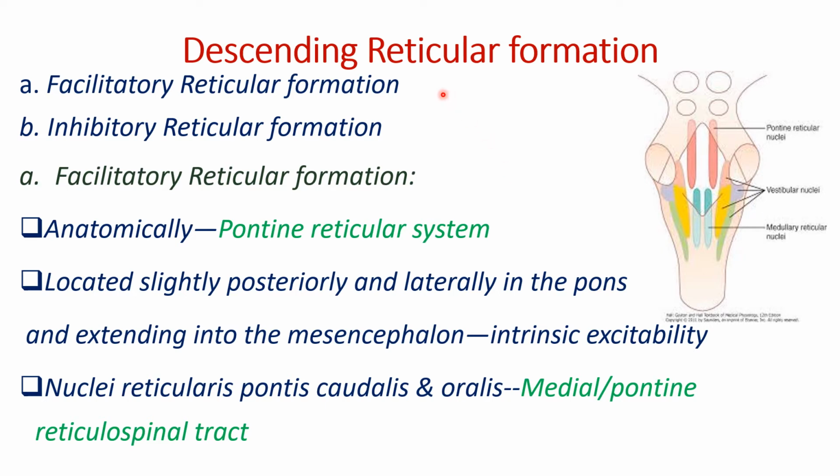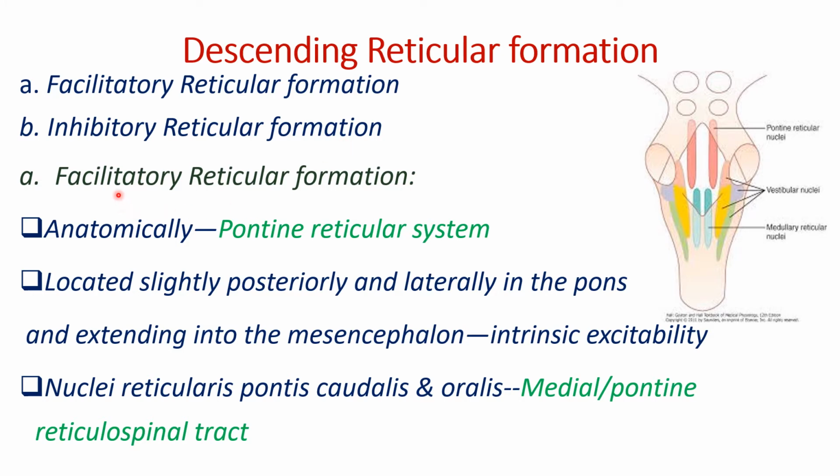The descending reticular formation, as we discussed, is the lower part, which sends fibers far down, and it has two types: facilitatory reticular formation and inhibitory reticular formation.